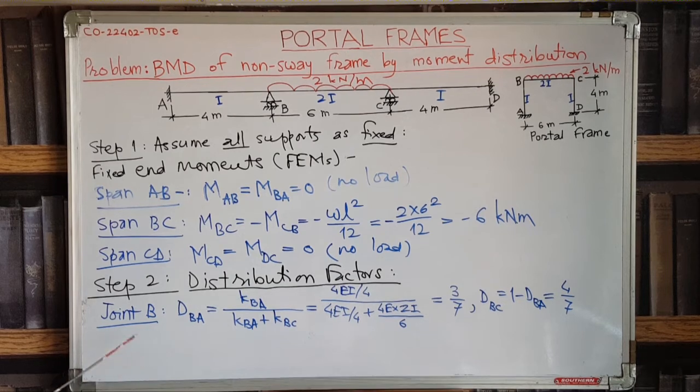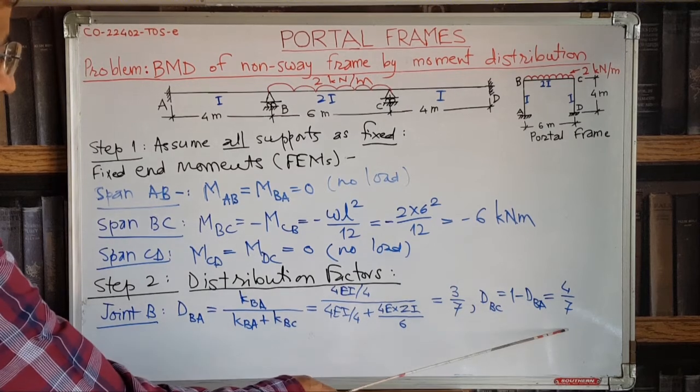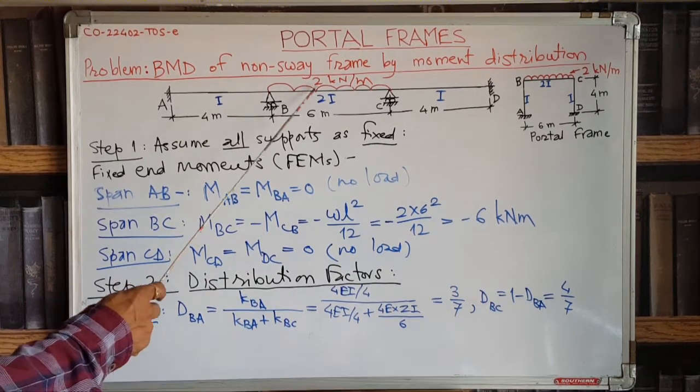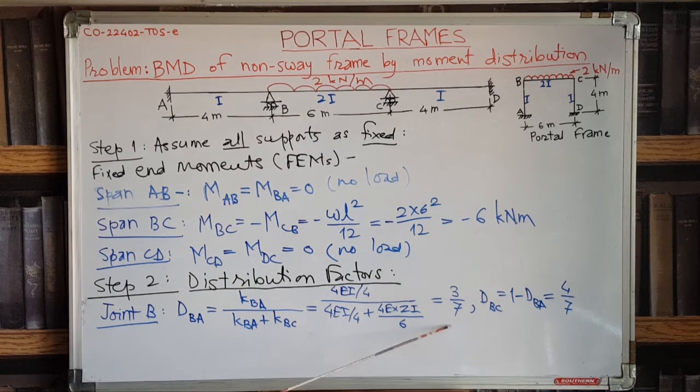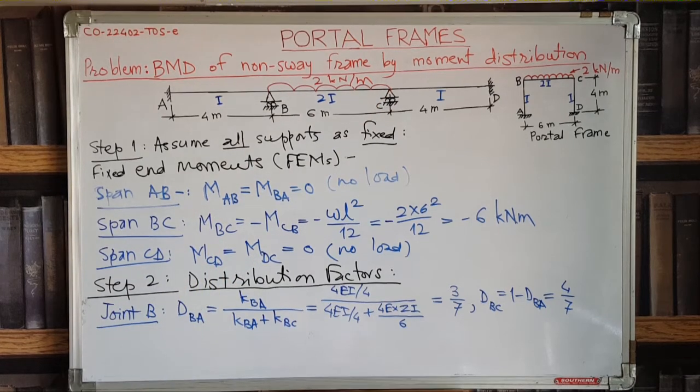So in this way, at joint B, we have calculated the value of DBC and DBA. DBA is 3/7, DBC is 4/7. So whatever moment is applied at B, 3/7 of it will go to BA and 4/7 of it will go to BC. That is the meaning.